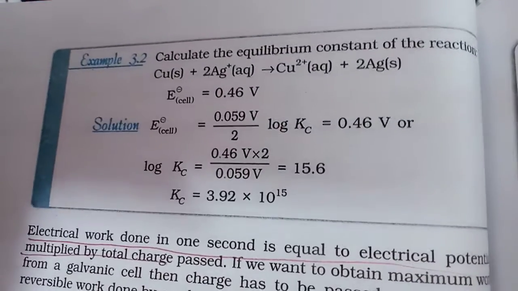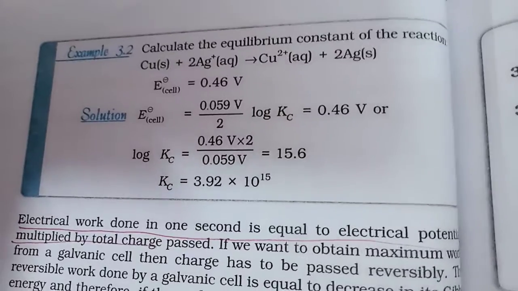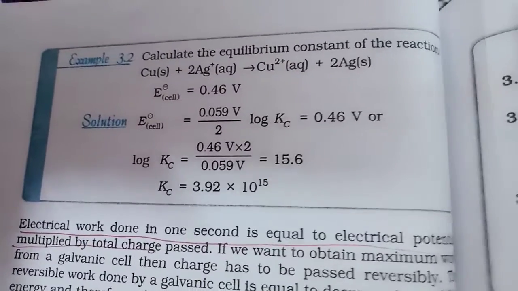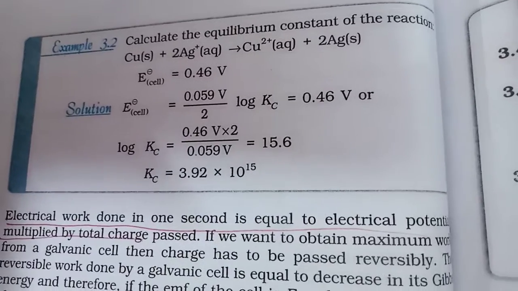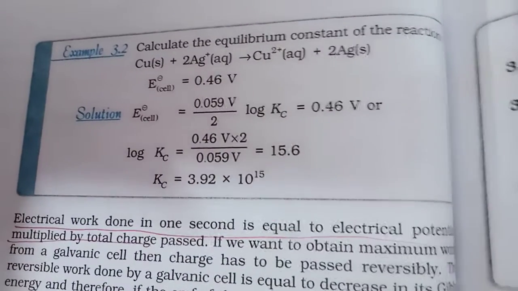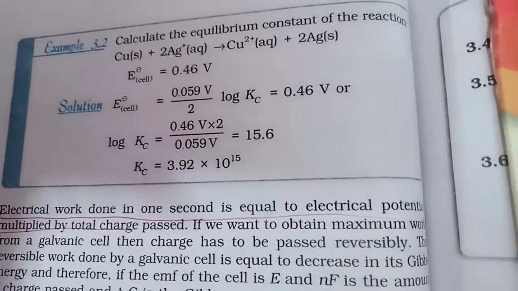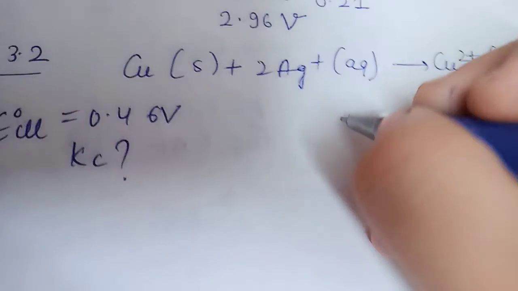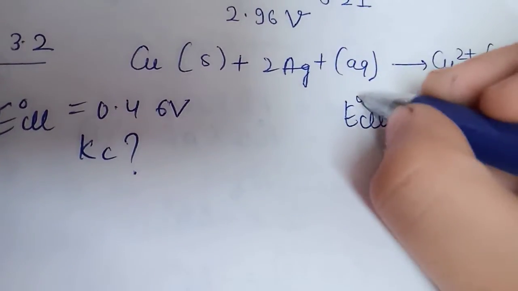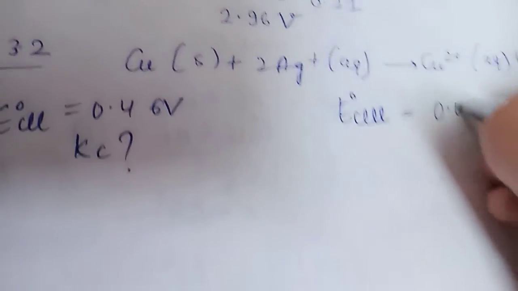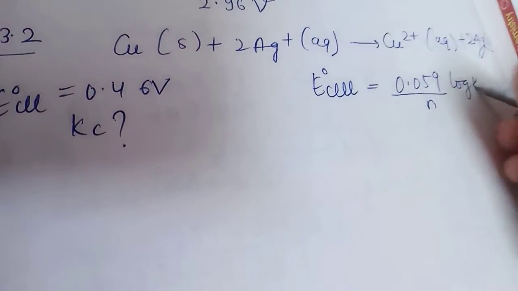Next question is Cu solid plus 2Ag positive aqueous will give you Cu2 positive aqueous plus 2 Ag solid, and E naught cell is given as 0.46 volt. Need to find Kc. So the relation is E naught cell equals 0.059 divided by n log Kc.